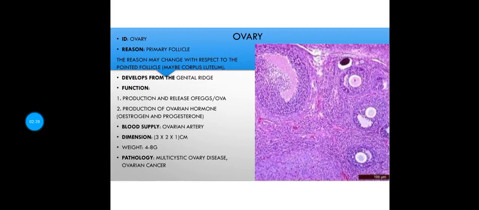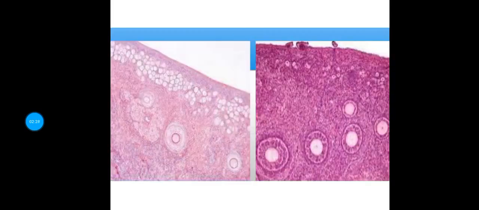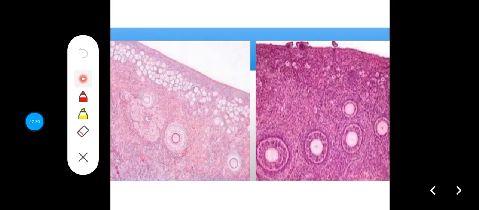The general structure of the ovary is such that the outer part is lined by simple cuboidal epithelium. Deep to this epithelium is the tunica albuginea, a layer of connective tissue. The main substance of the ovary is divided into the cortex and the medulla.